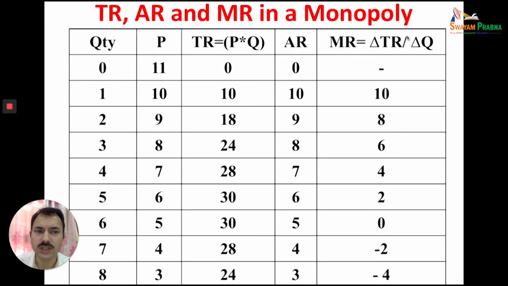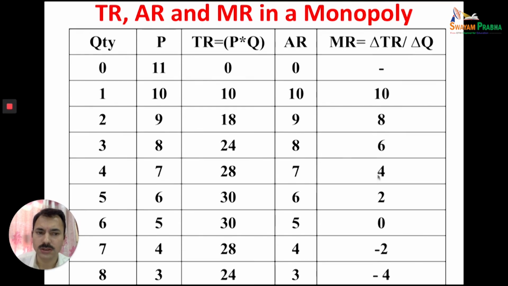Revenue 10, quantity 1, and if the quantity increases from 1 to 2, total revenue increases from 10 to 18. The difference, 18 minus 10, is 8. The marginal revenue is 8. Then when quantity increases from 2 to 3, total revenue increases from 18 to 24. The change in total revenue is 24 minus 18, which is 6.